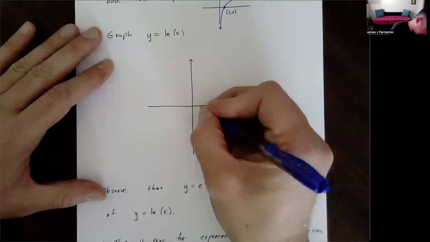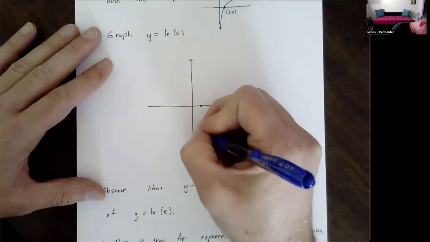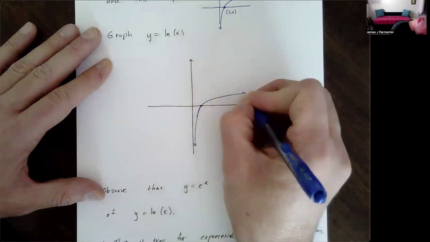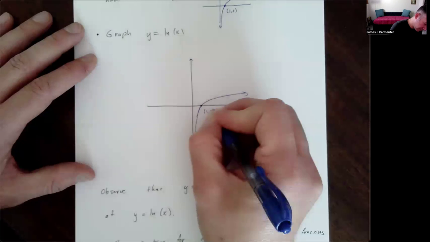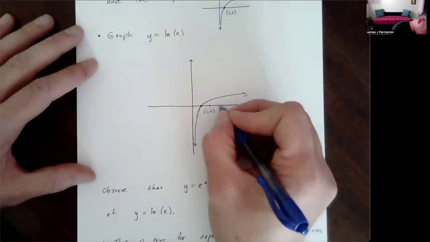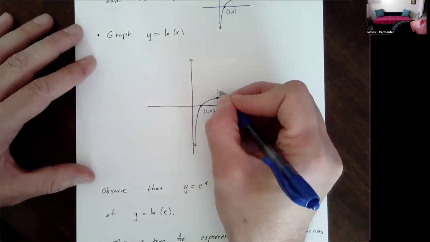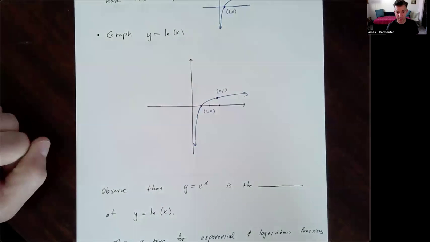I'm going to have an intercept at 1, 0, and I have a vertical asymptote looking like this. And then it's just going to do this usual thing, getting larger and larger, but very slowly as you move from left to right. If you really wanted one more point, there's 2, there's 3. You could say I'm plugging in e and getting out 1. So my other point here would be the point e comma 1.